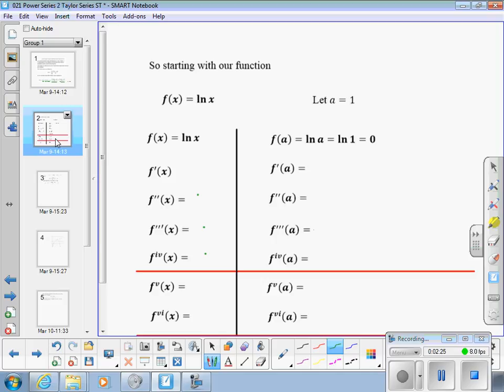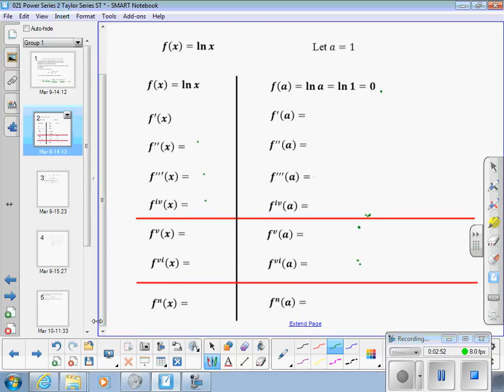Here, you are determining the value of this function when a is 1. So I've done the first one: ln a, ln of 1, is 0. Again, followed down to here, is there a pattern that will allow you to complete those two without even calculating them?